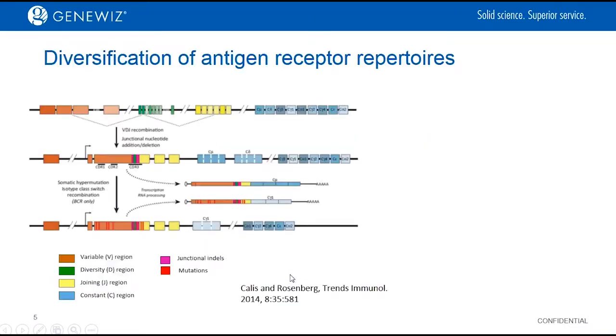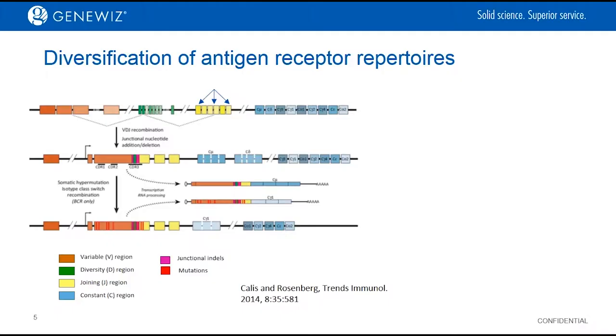B and T cell repertoires are highly diverse. Such diversity is made possible by several mechanisms. The first one is combinatorial joining. Heavy chains of BCRs or B cell receptors and beta chains of TCRs are composed of three segments called variable, diversity, and joining regions.